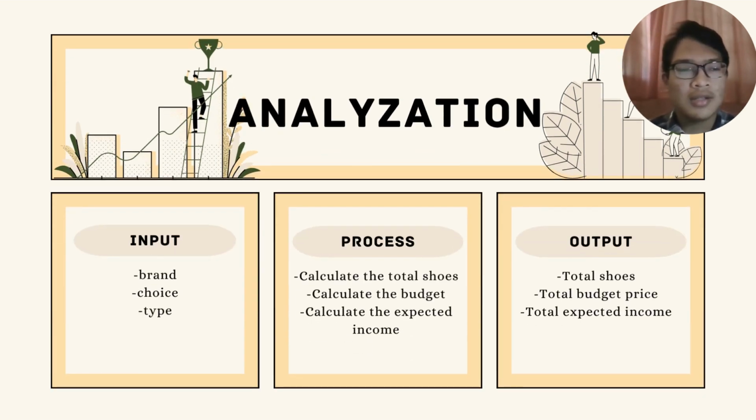For the analysis of our project, let me explain. We have analyzed a bit of our project and successfully listed an IPO table. For input, we have brand, type, and choice to ask from the user, as we use them through our system. It will maybe have multiple names, or we should call them variables later in the coding.